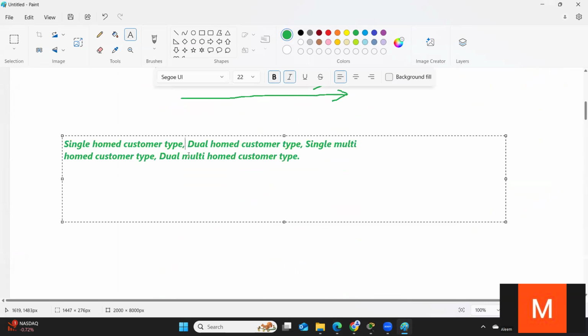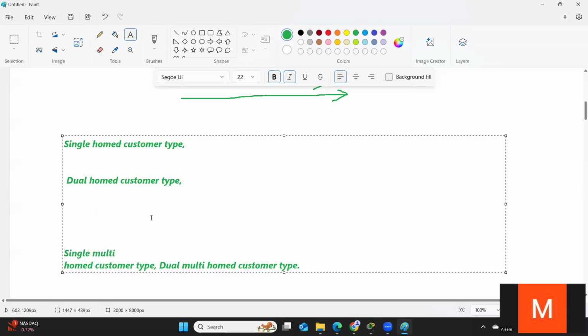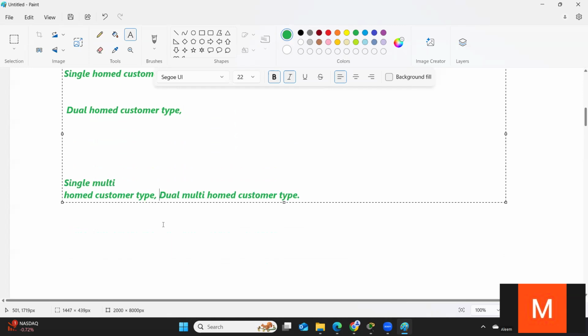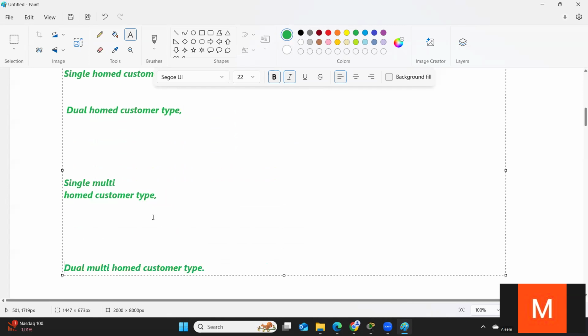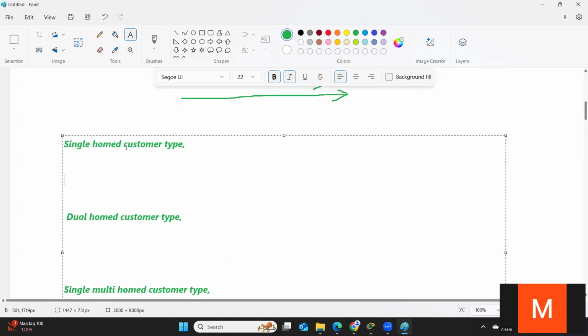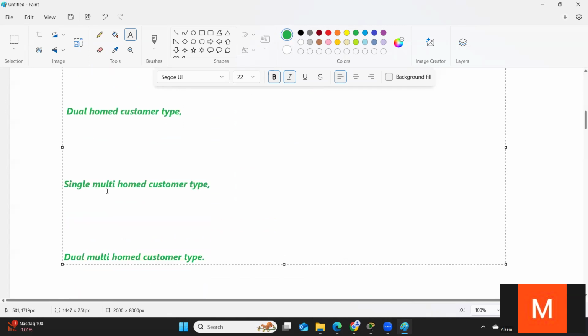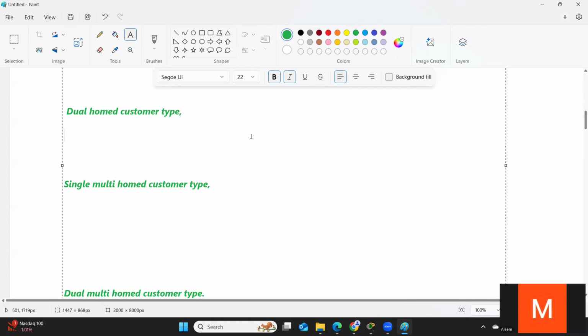We have four different customer types: single homed customer type, dual homed customer type, single multi homed customer type, and dual multi homed customer type. So we'll discuss them one by one first of all.